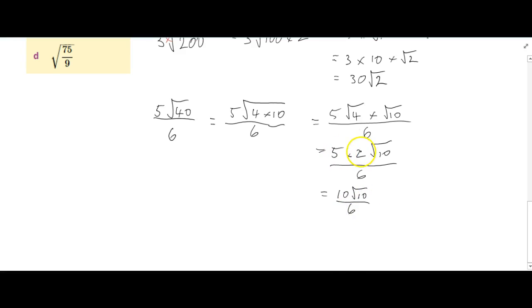I've just left a 6 there. You can actually simplify this further by cancelling out 2 from top and bottom. So that will be 5, and that will be 3. So that will give you 5 root 10 on 3.